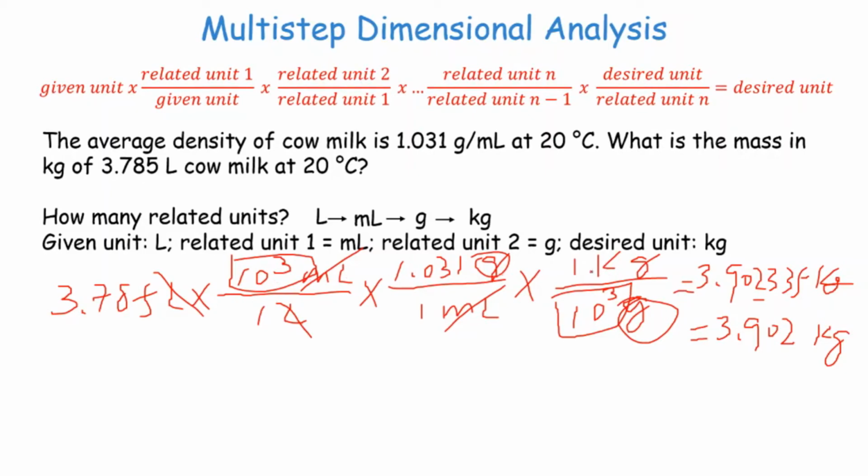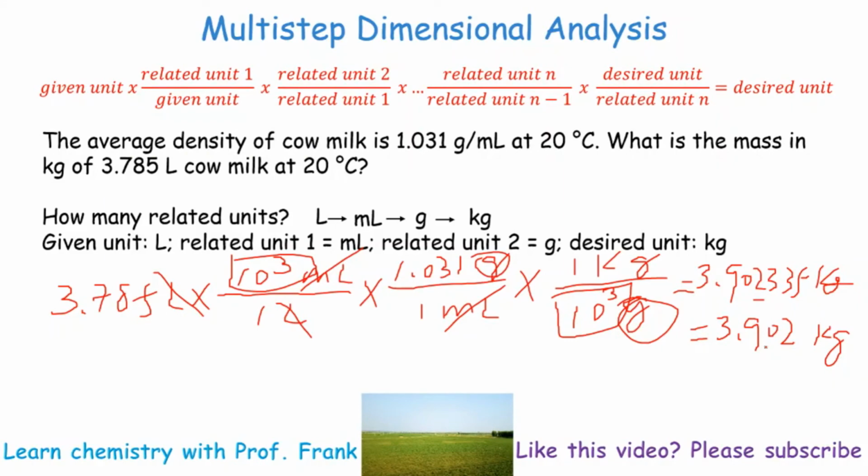Definition. 1 kilogram equals 1,000 grams. That's definition. When you deal with significant figures or digits, definitions, they do not apply. So therefore, 4 sig figs. That's the solution for this question.